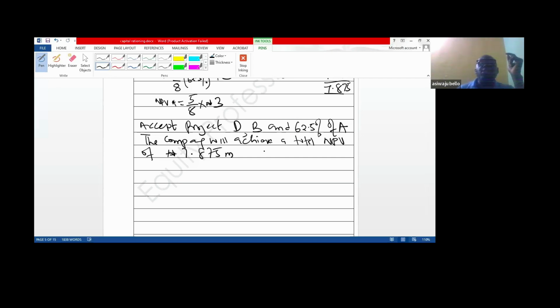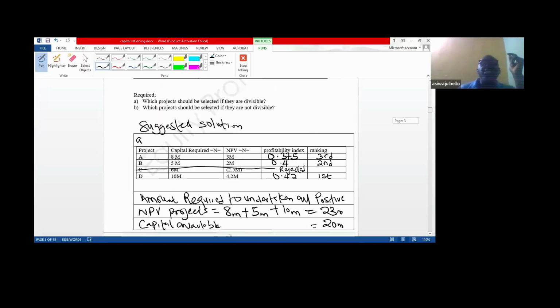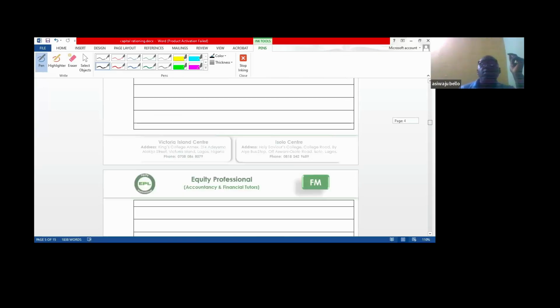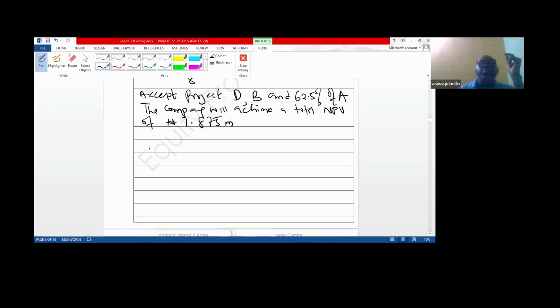That is if the project is divisible. The B part says if the projects are not divisible, that means we can't do fraction.